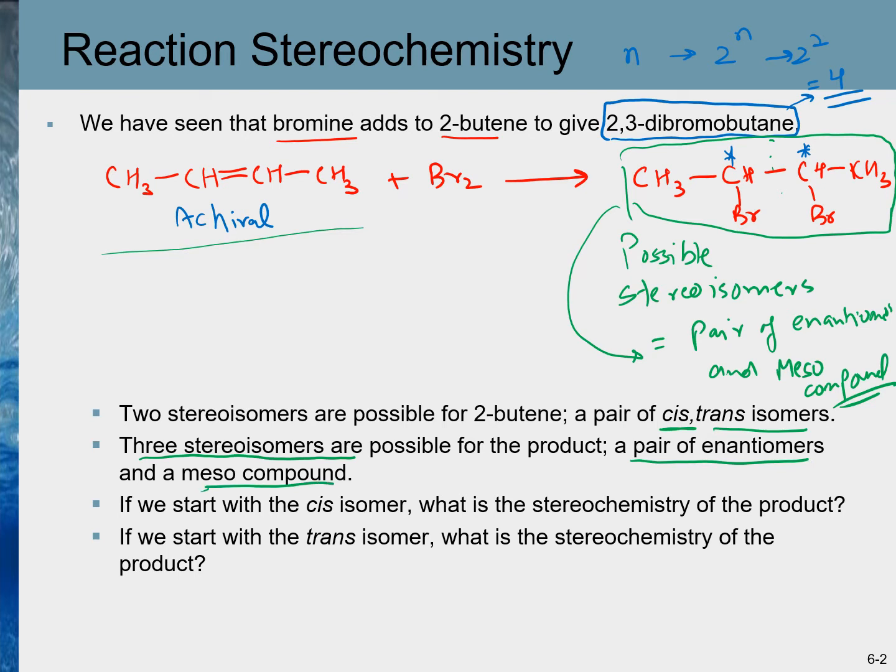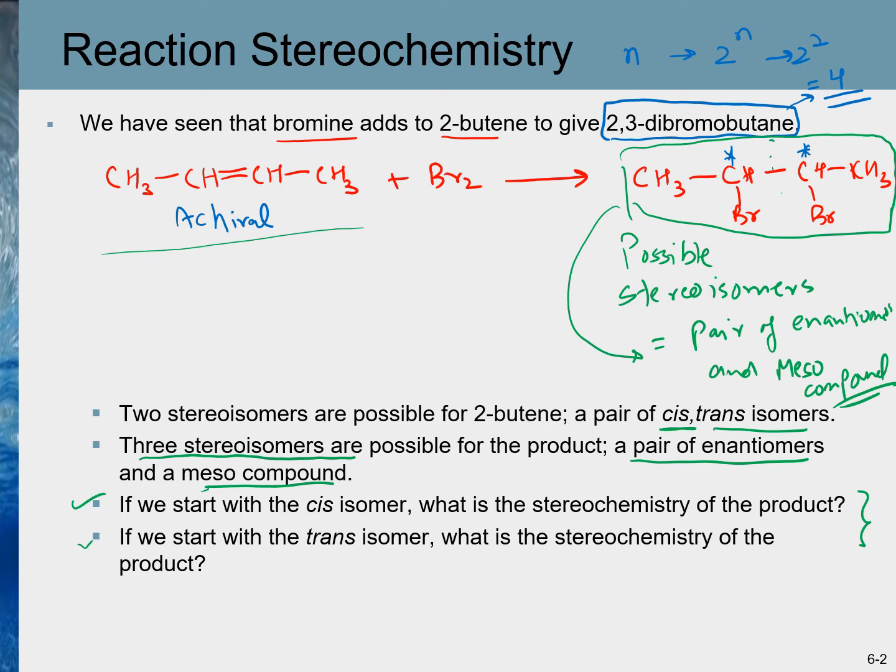Now the question is, if we start with the cis alkene, what will be the stereochemistry of the product? And if we start with the trans alkene, what will be the stereo outcome? Do we get the same outcome regardless of the cis or trans starting material? We don't know. All those answers can be obtained by looking at the mechanism of the reaction.